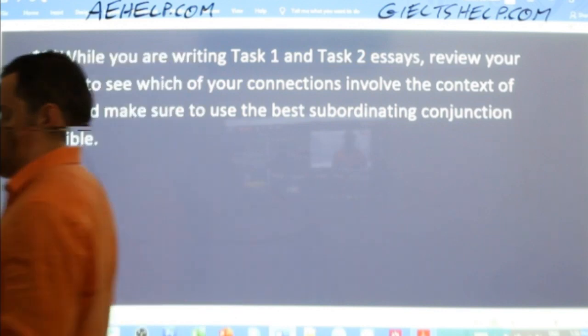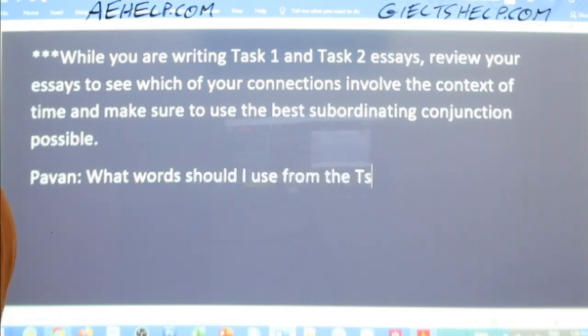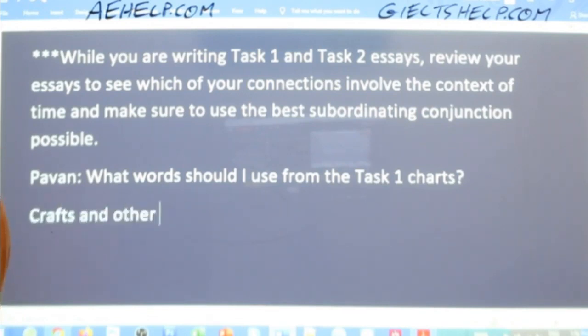Okay. So Pavan's asking, and I'm going to generalize your question here a little bit, what words should I use from the task 1 charts? When you see really long descriptions like crafts and other relative activities, then just use crafts.